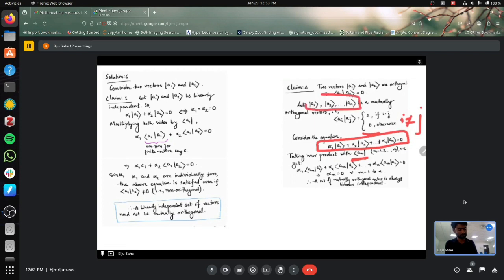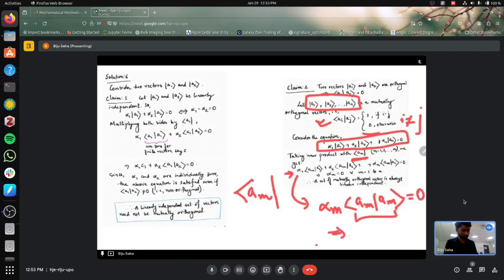From these n vectors, I pick one candidate and take the inner product on both sides. This is the expression I get. Since I impose this condition, all terms are 0 until there is a term like this, where the inner product is not 0 but equal to 1. So we are reduced to alpha m equal to 0.